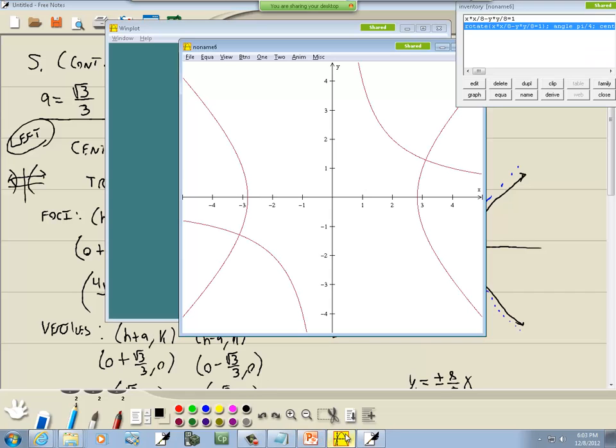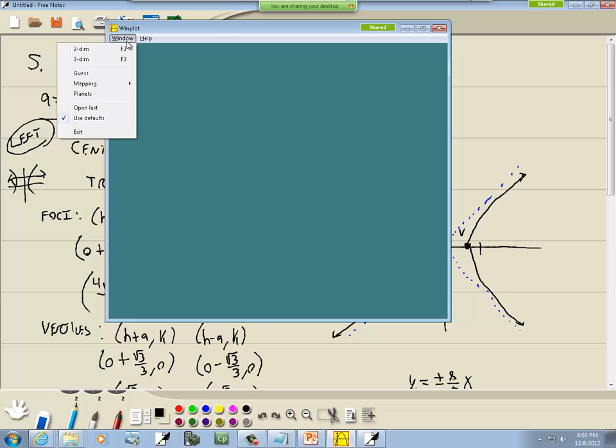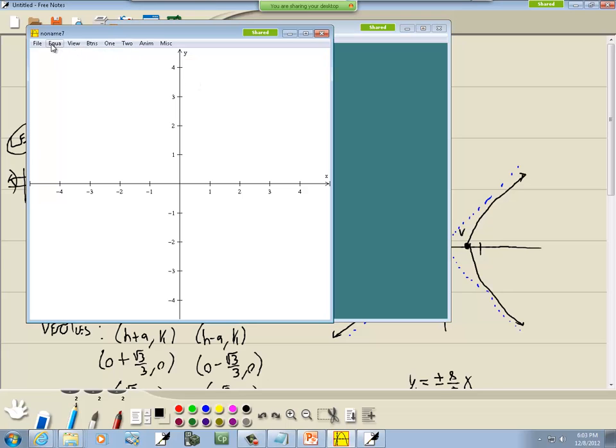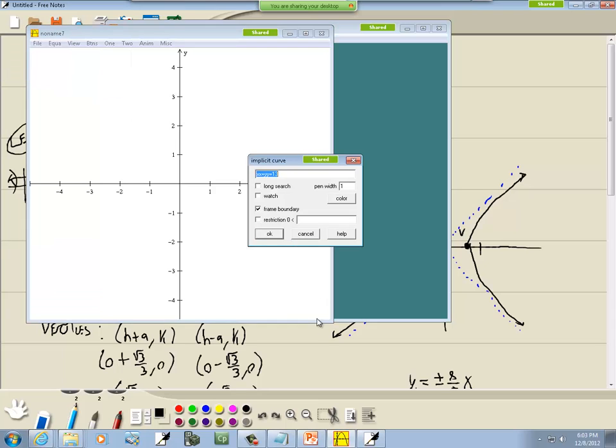Let me come over here. I'm going to cheat. Okay. Then what we came up with was 9x squared minus 7y squared equals 3.